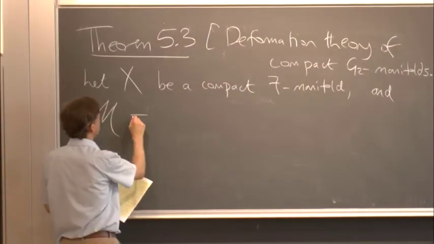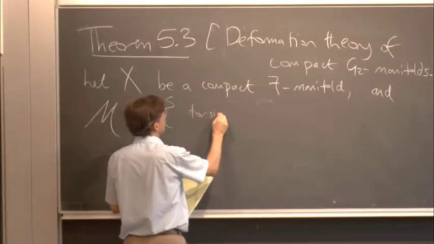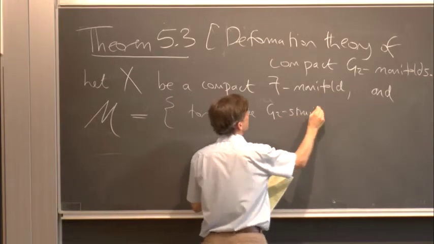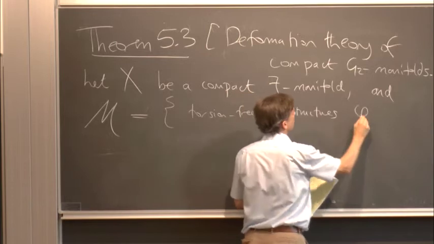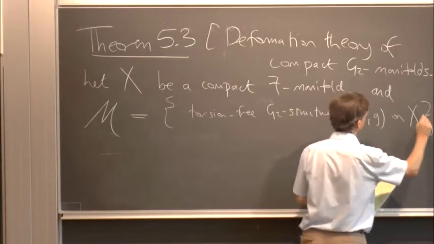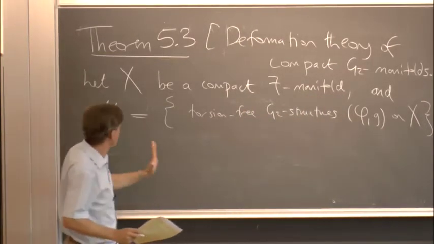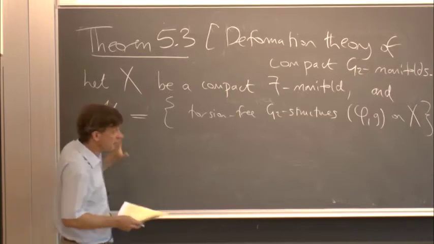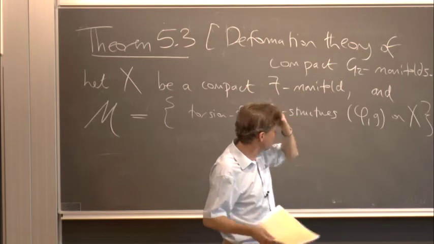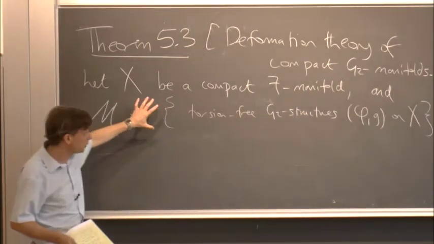So let's write that as the set of torsion-free G2 structures (phi, g) on X. Now, if we've got a torsion-free G2 structure (phi, g) on X, we can move it round X just by pulling it back by a diffeomorphism of X. And there's an infinite dimensional family of diffeomorphisms, so that set is huge, it's infinite dimensional.